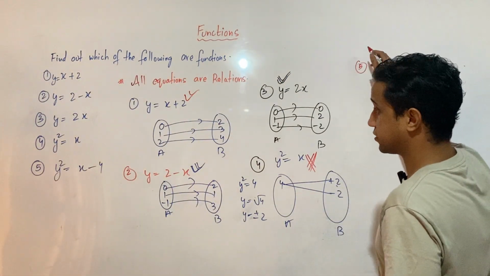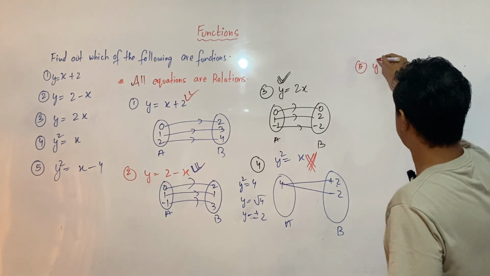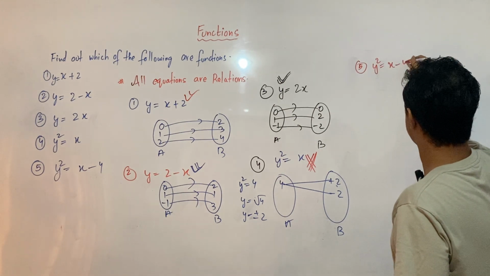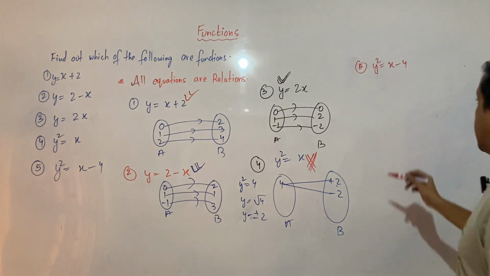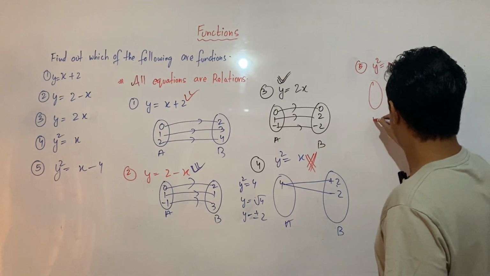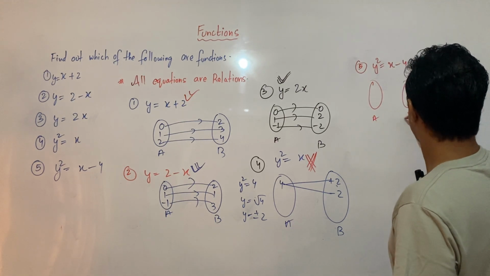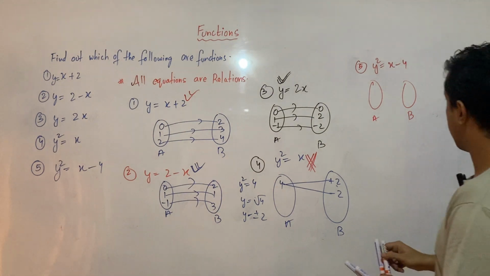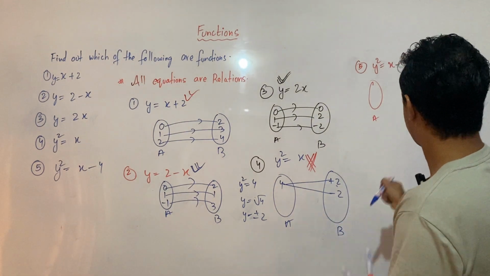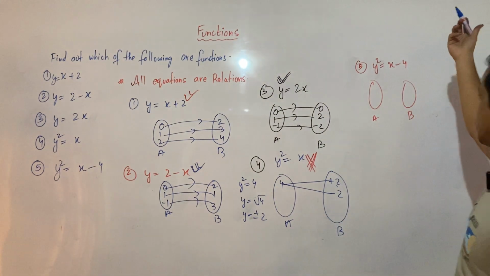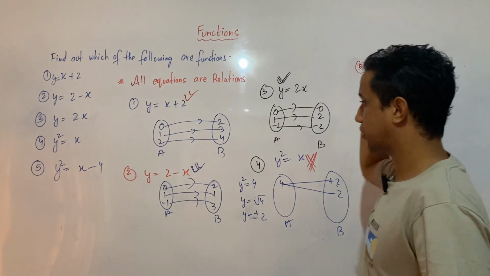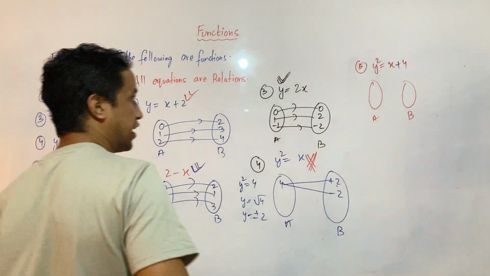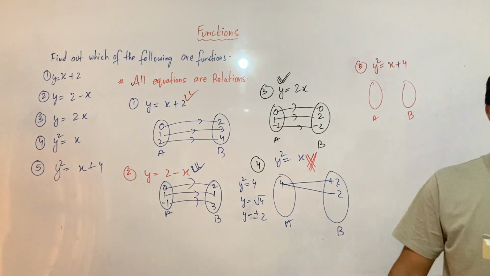Number 5 says that y square equal to x minus 4, right? And here again, A, B. So put here x, right? Now, if you put here 4, because we cannot define the root for the negative value.